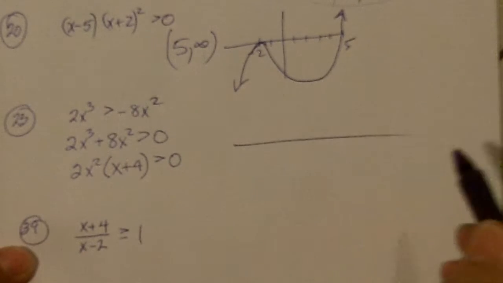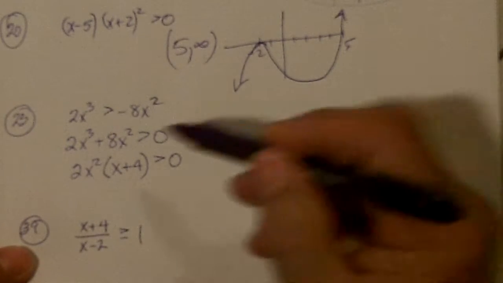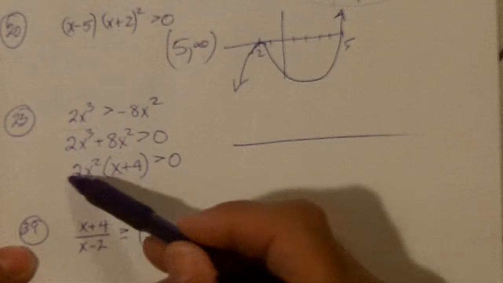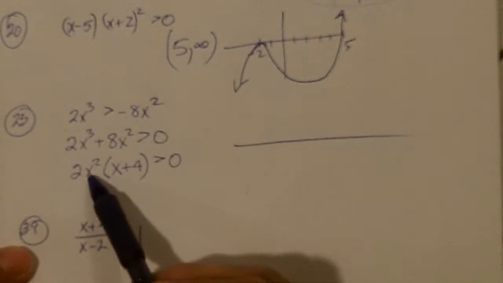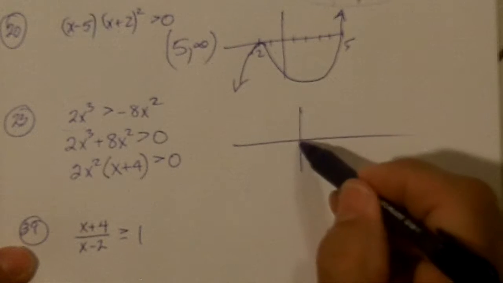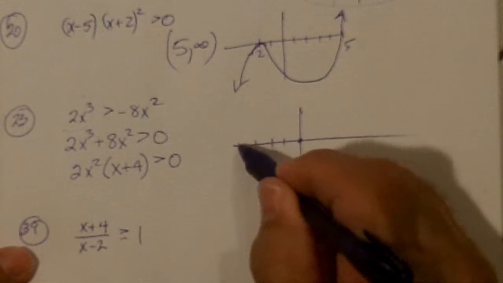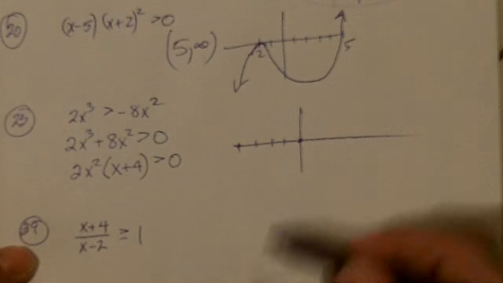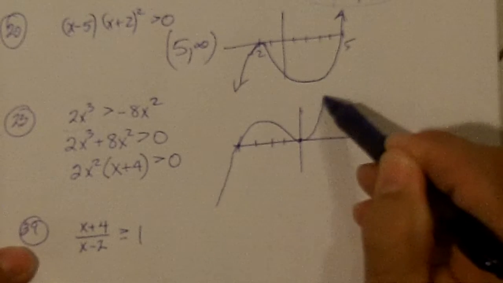So we have a cubic again, a positive cubic. It's going to start down and up, and it looks like it bounces at 0 and crosses at -4. So if it's coming from below, crossing at -4 and bouncing at 0, it must look like this.